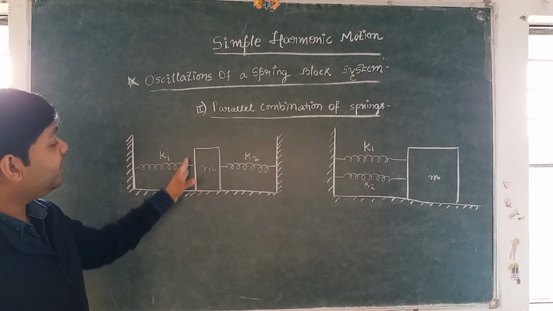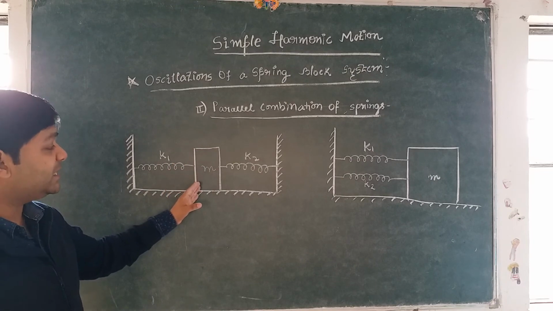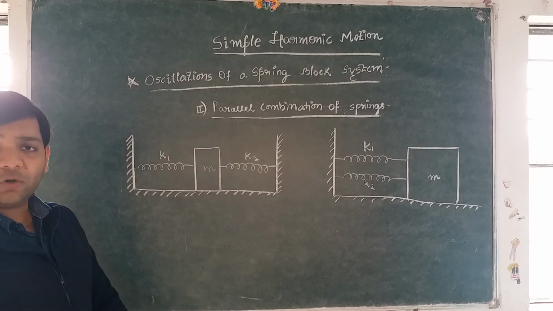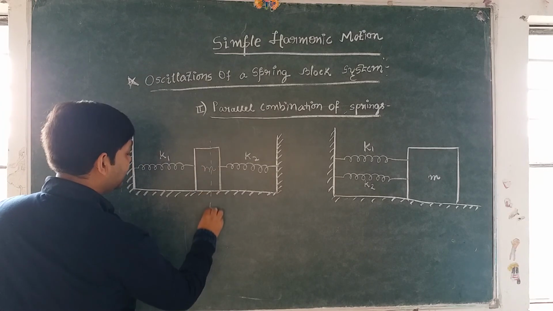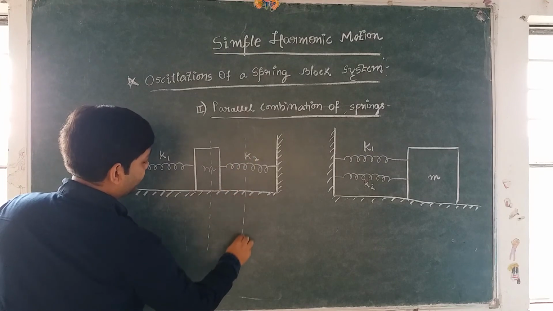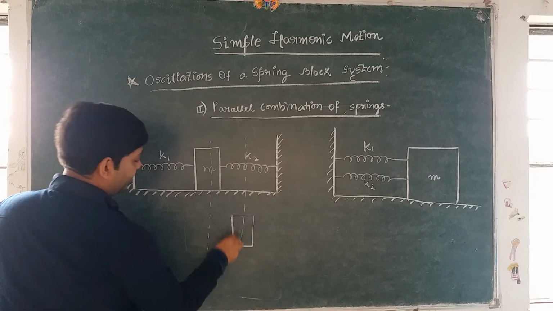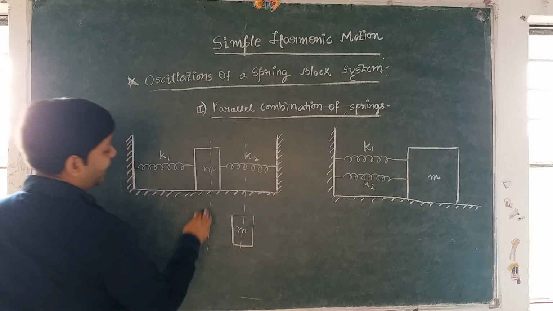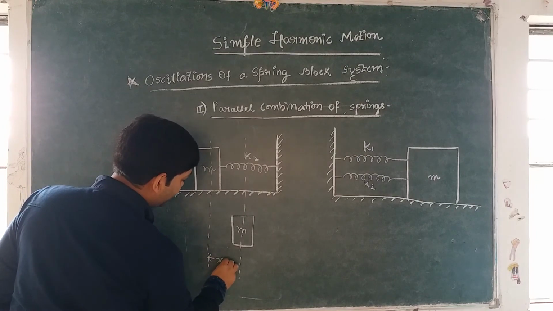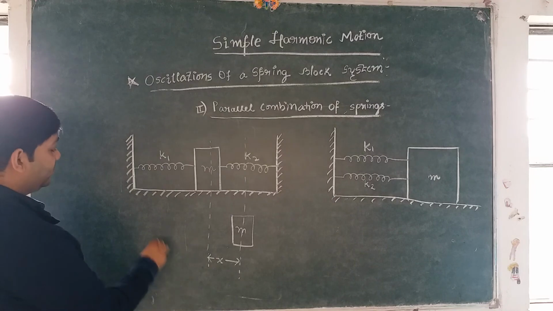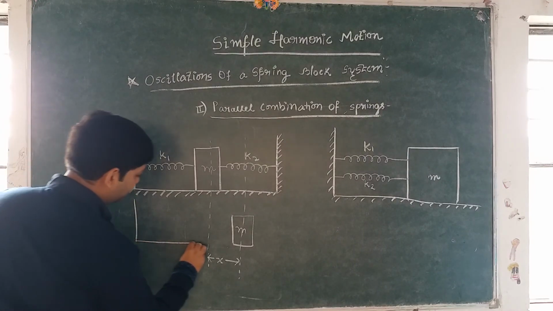For example, if you displace this block of mass m through a small displacement x in any direction, you can draw the FBD. For example, if we displace this block towards right, this is mass m, and we have displaced it through a small displacement x, right? Now, okay, let me draw the complete picture so that it's easier for you to understand.